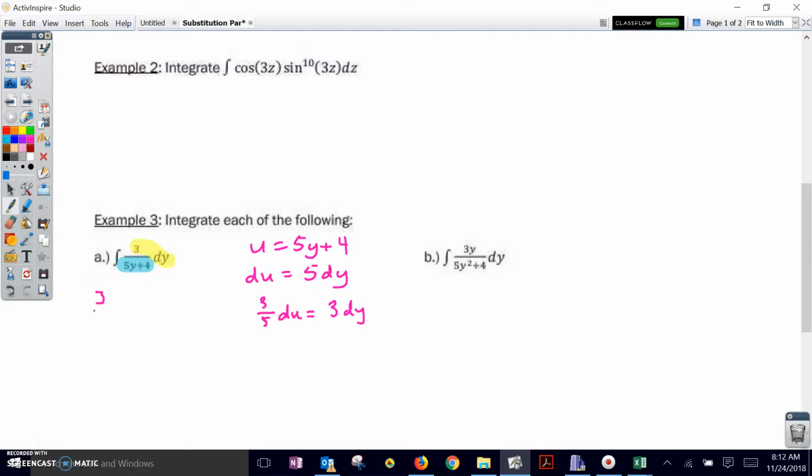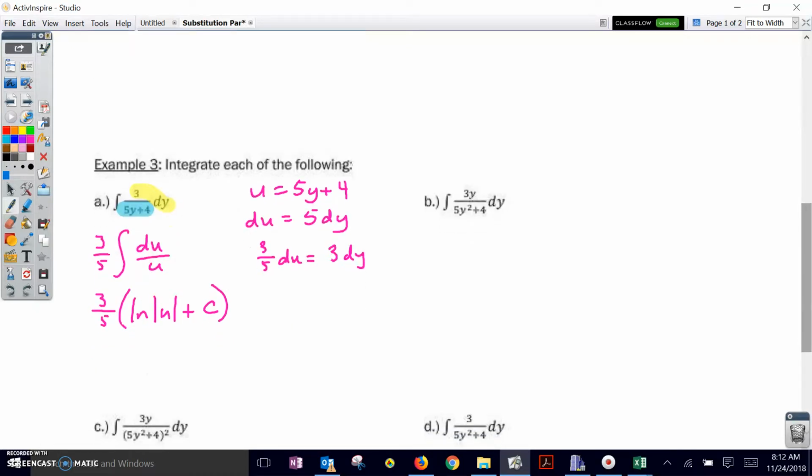It turns into 3/5 times the integral of du over u. And the integral of du over u is going to be the natural log of the absolute value of u. Straightforward antiderivative.